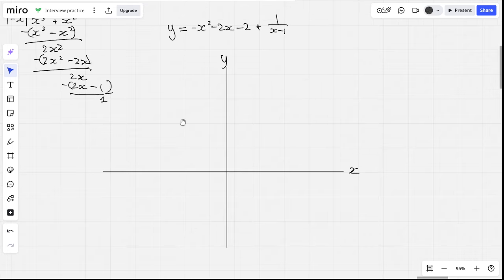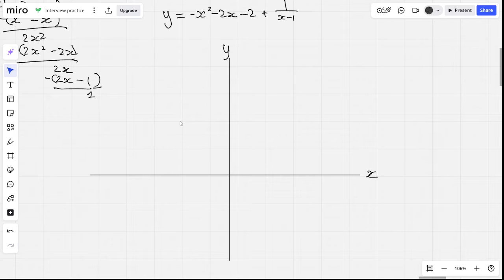So I have been told I have a negative quadratic as an asymptote, and x equals 1, which I'm going to say is going to be roughly here, is going to be an asymptote. Now, this quadratic has roots at, let me think, I don't think it has any roots. Might be wrong.